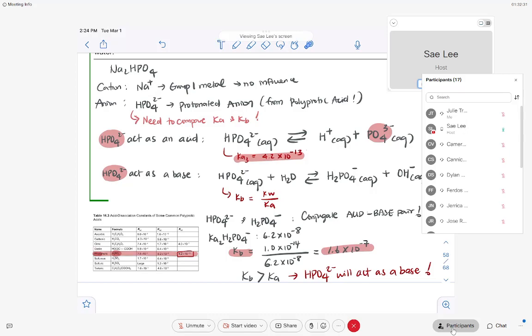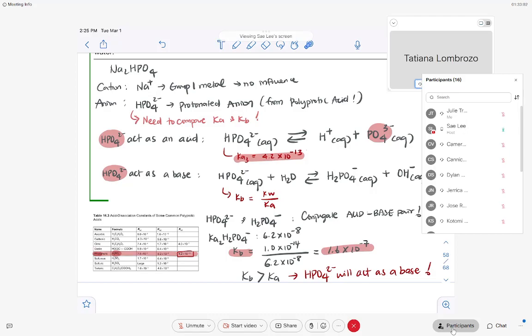The higher the Ka value, the more easily the proton falls off, which means more protons are generated. Does that make sense? Yeah, that makes sense.